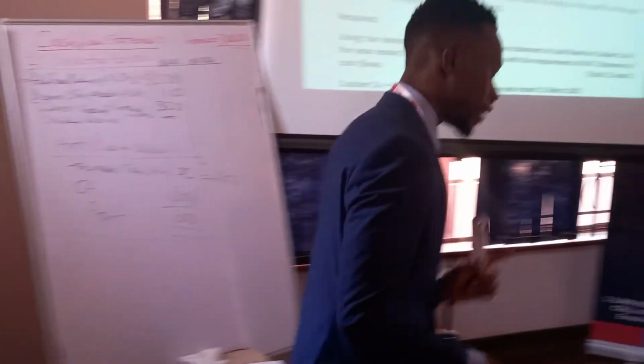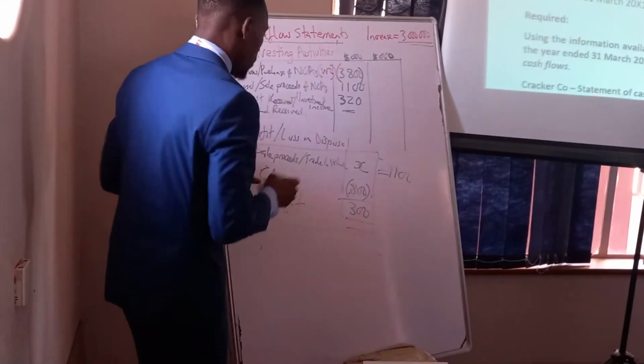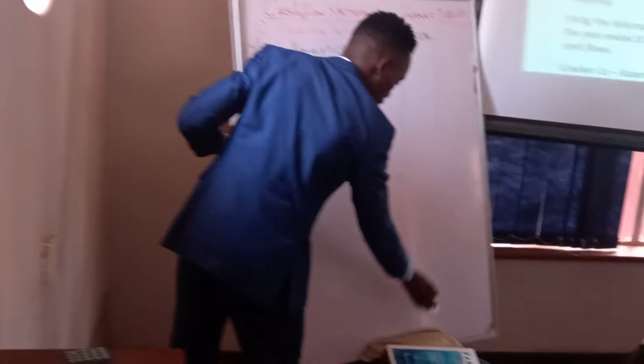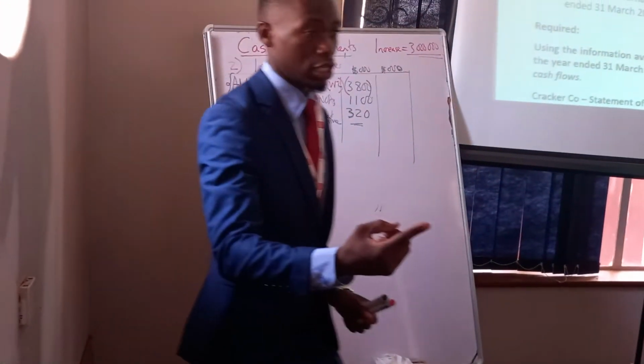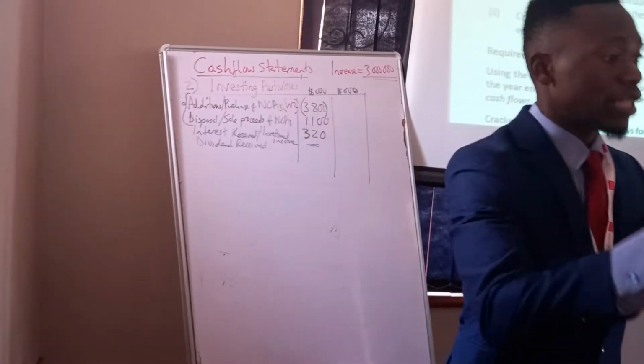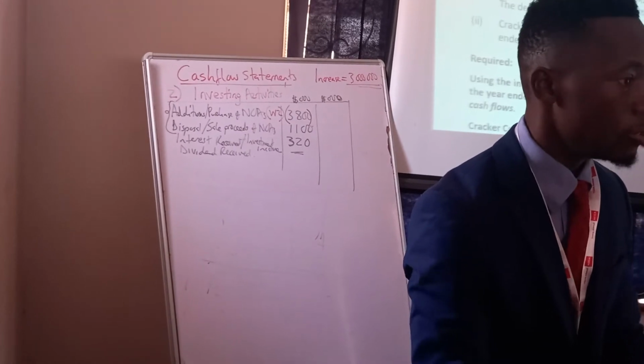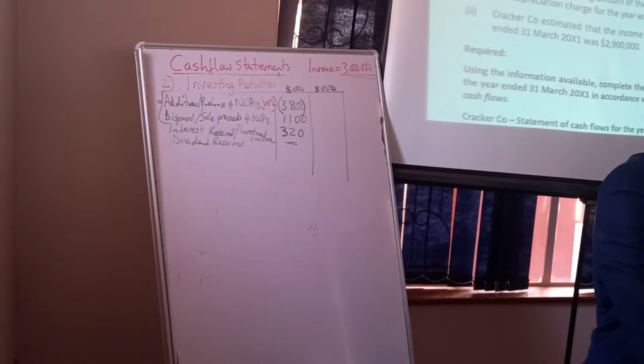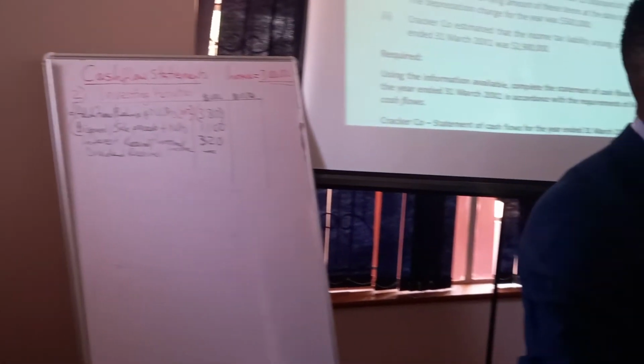So guys, this is my advice. When you are writing the final exam, make sure you prepare these accounts. So it is wise for you, number one, to start by calculations. You start with calculations first. Like you need your taxation account.